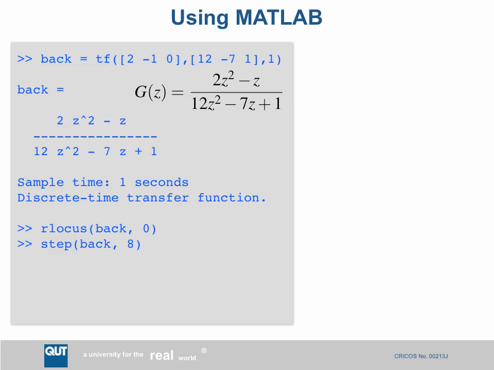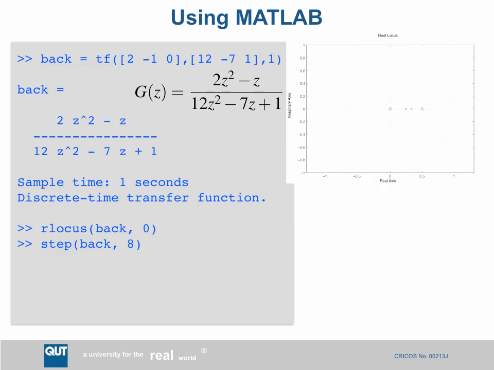So now that I've got this transfer function into MATLAB, I can ask for the root locus, and I can plot the poles and zeros. Now I've only asked for the root locus for a gain of 0, so that shows us only the open loop poles and zeros. And so here they are, and they make a bit of sense. We can see that there are 2 zeros. There's 1 zero at the origin, and that makes sense because if we factor the numerator, we can see that it's equal to z times (2z minus 1).